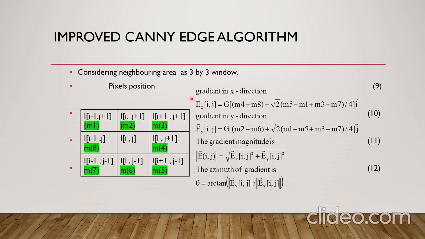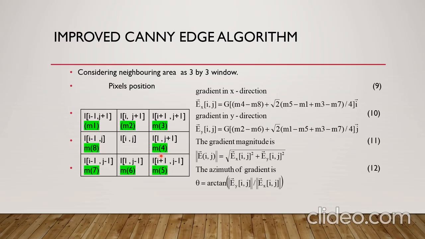So the gradient in x direction ax of I comma j equals some combination of all gravitational field intensities. So the gravitational field intensity for m4 pixel is G into m4 divided by magnitude of r whole square into r vector divided by magnitude of r.